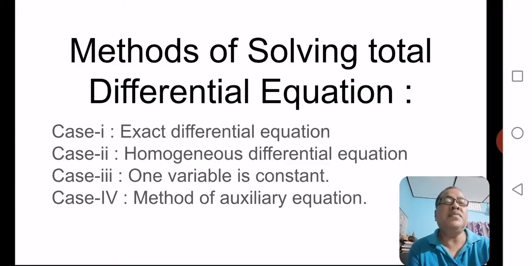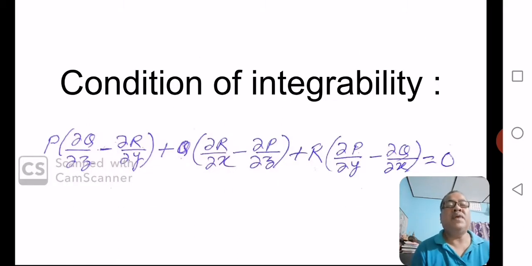An exact differential equation is one where the condition of integrability is p into (del q by del z minus del r by del y) plus q into (del r by del x minus del p by del z) plus r into (del p by del y minus del q by del x) equal to 0. Here the coefficient of p is del q by del z minus del r by del y, the coefficient of q is del r by del x minus del p by del z, and the coefficient of r is del p by del y minus del q by del x.